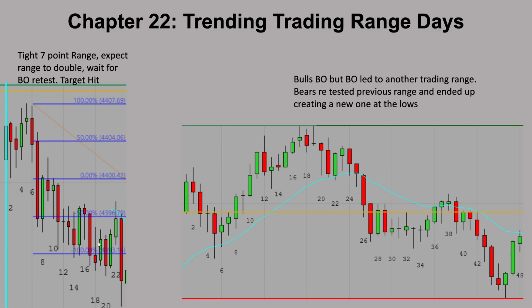We ended up doubling. And on this one, this was actually, I believe, Wednesday of this week. The bulls, in their first 30 minutes, end up getting a breakout to the upside, but the breakout creates another trading range. And this example is actually where the day ended up becoming a reversal day.